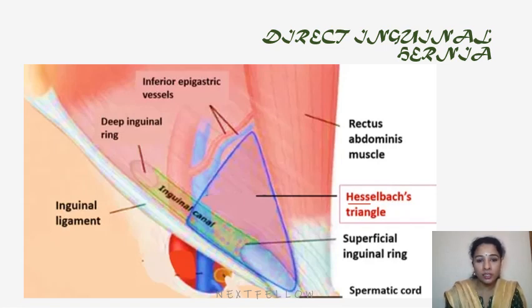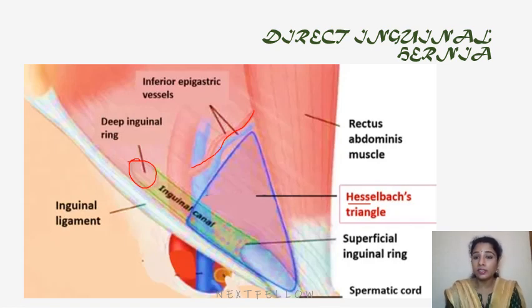You can see here, this is the inferior epigastric artery. So it lies medial, whereas the indirect inguinal hernia lies lateral to the inferior epigastric artery, because the deep inguinal ring lies lateral to the inferior epigastric artery. So this is the major difference to differentiate direct from indirect inguinal hernia.